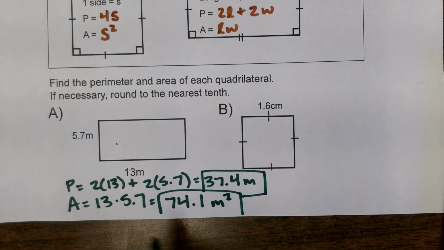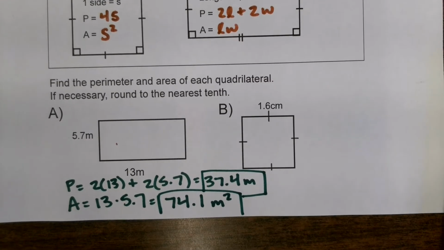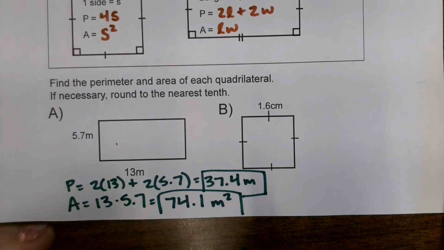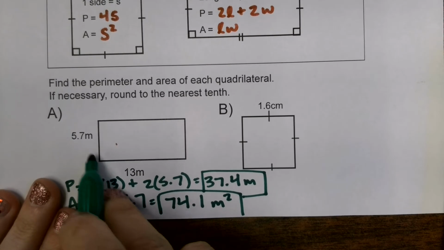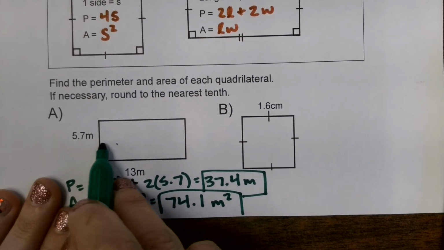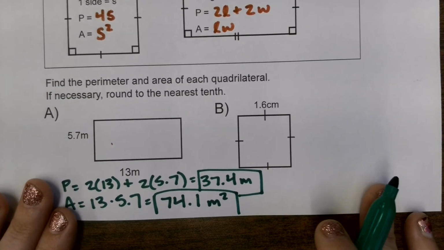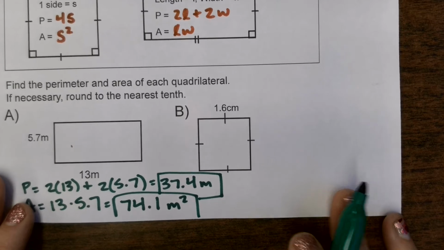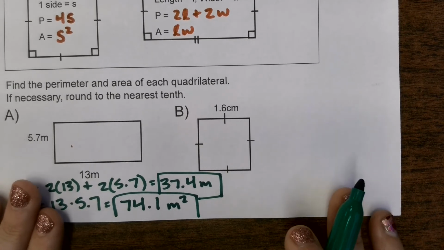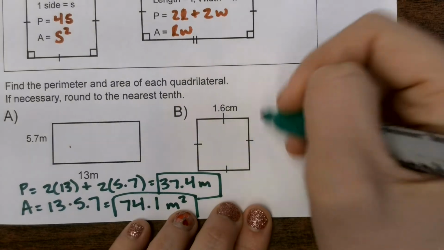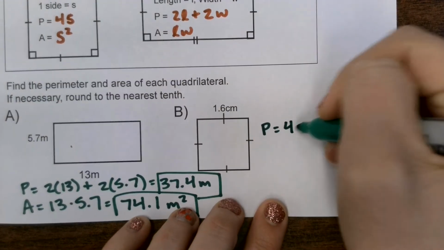So when we're talking about area, and we'll talk more about this when we get to the area chapter, we're saying that 74.1 meter by meter squares fit in this rectangle, little meter by meter squares, 74 of them, and a little bit more. For B, it is a square. We're assuming a little bit it's a square. We've got a side length of 1.6, and so our perimeter is going to be 4 times 1.6.